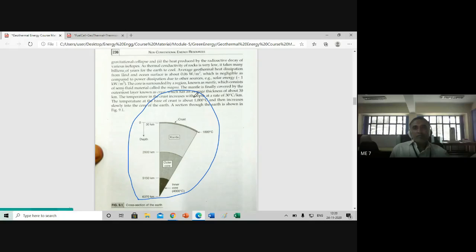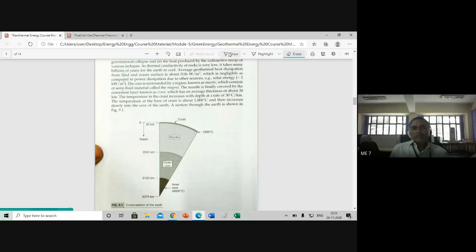Look at this. This is earth surface, crust. Depth we are going like this. So how much kilometer do we go? 30 kilometers.